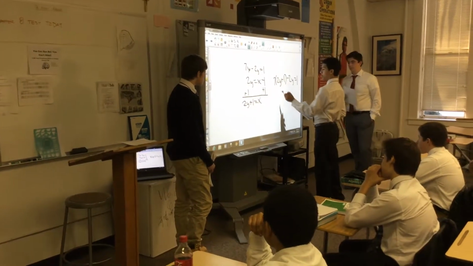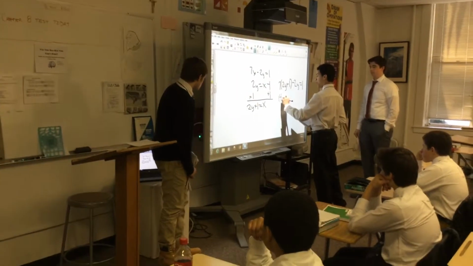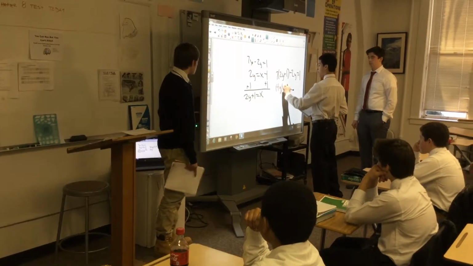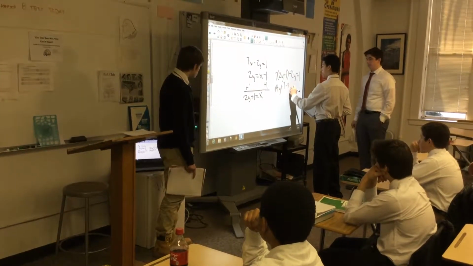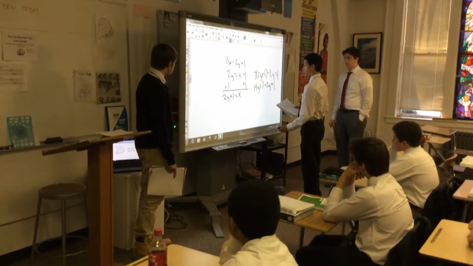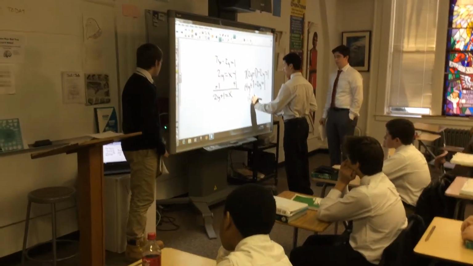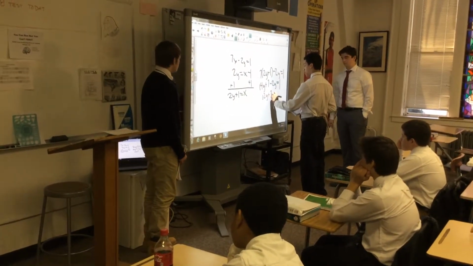And then you distribute the 7 to the 2y and the 1, so it's 14y plus 7 minus 2y equals 1. And then you can combine like terms here, so it's 12y plus 7 equals 1.